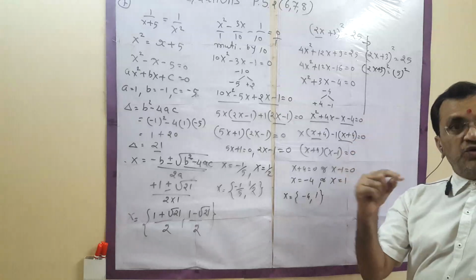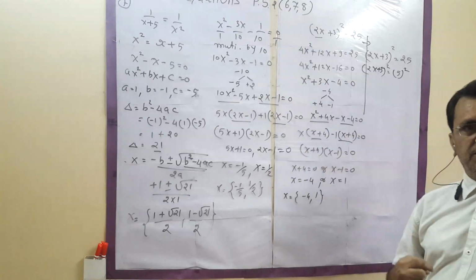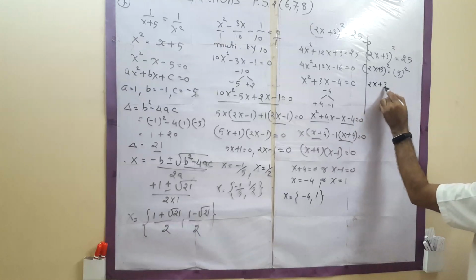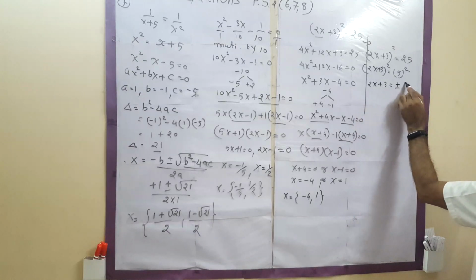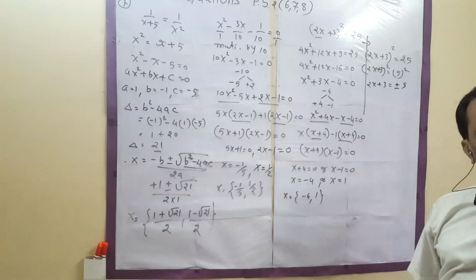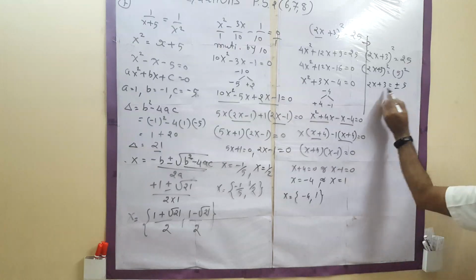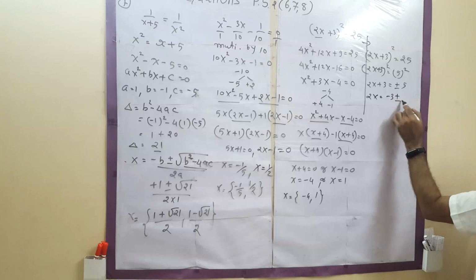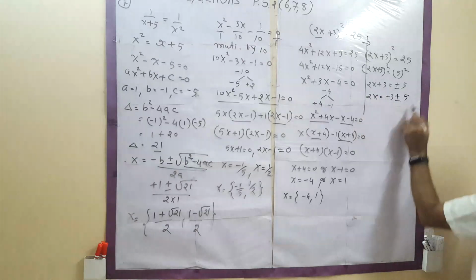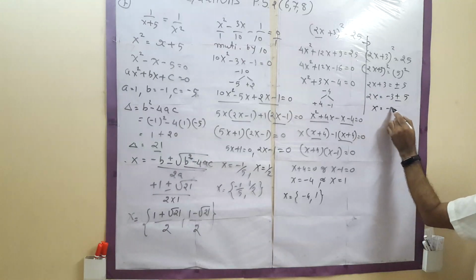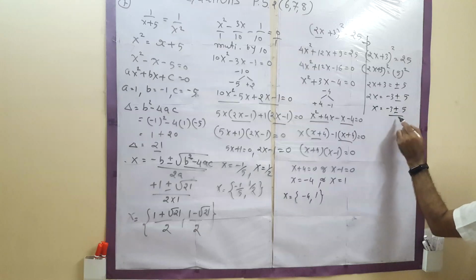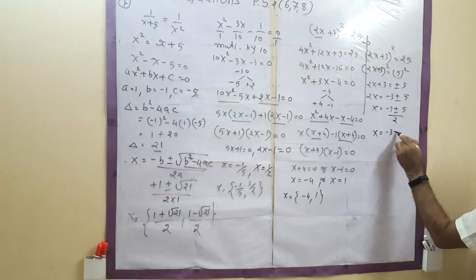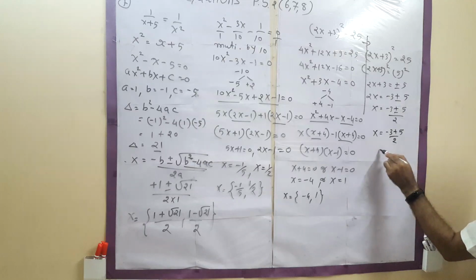Bracket square, 25 means 5 square. Now remove square on both sides. Plus or minus 5. This comes this side. 2 comes down. So x is equal to minus 3 plus 5 by 2.